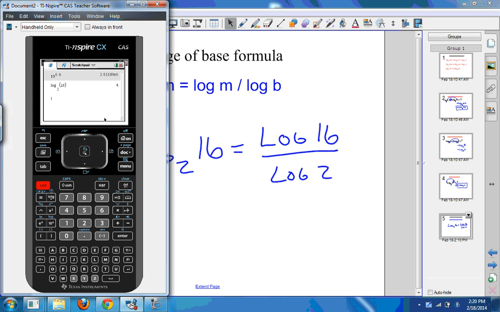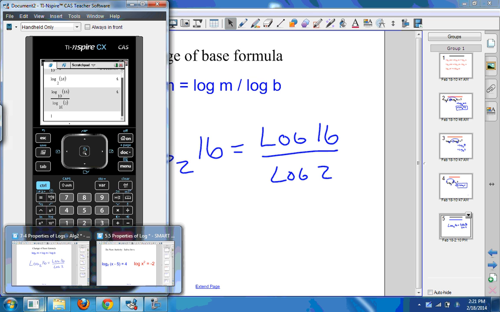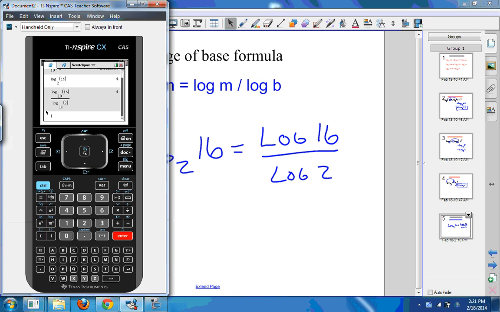Or if I try this, log 16 over log 2, we also get 4. So my change of base formula worked. And notice my calculator automatically put a 10 in there, even though I didn't.